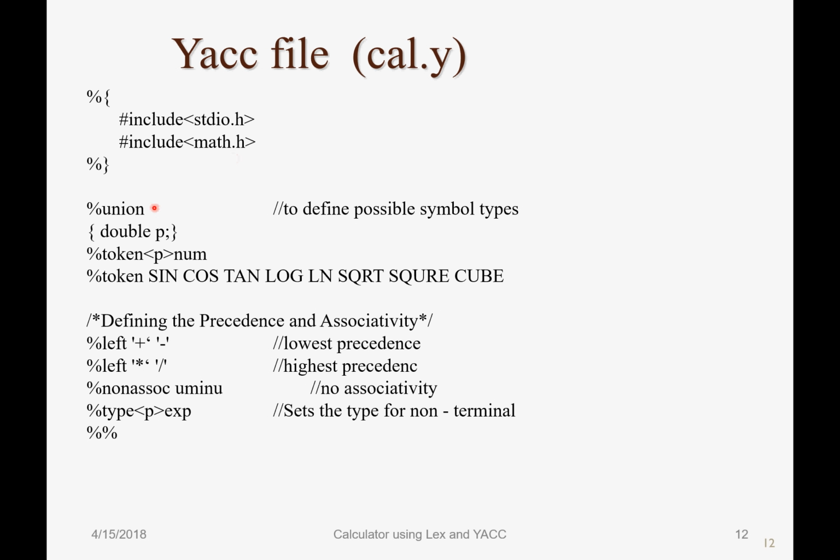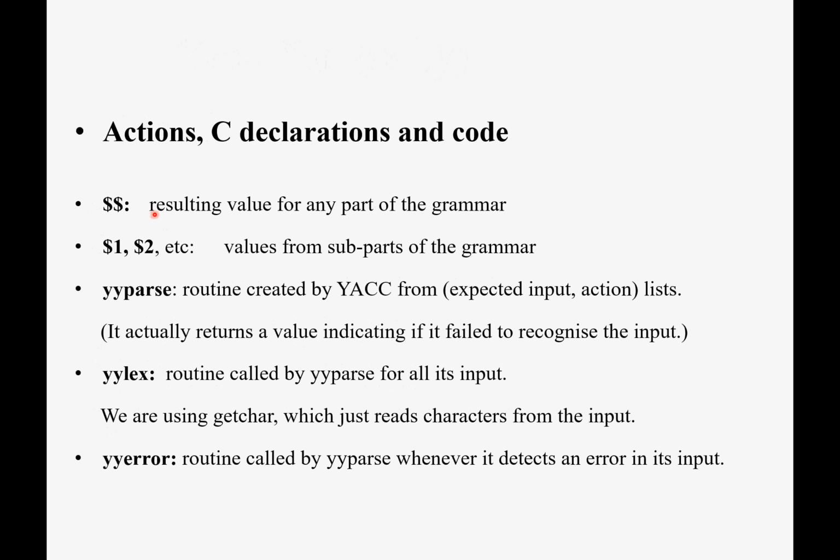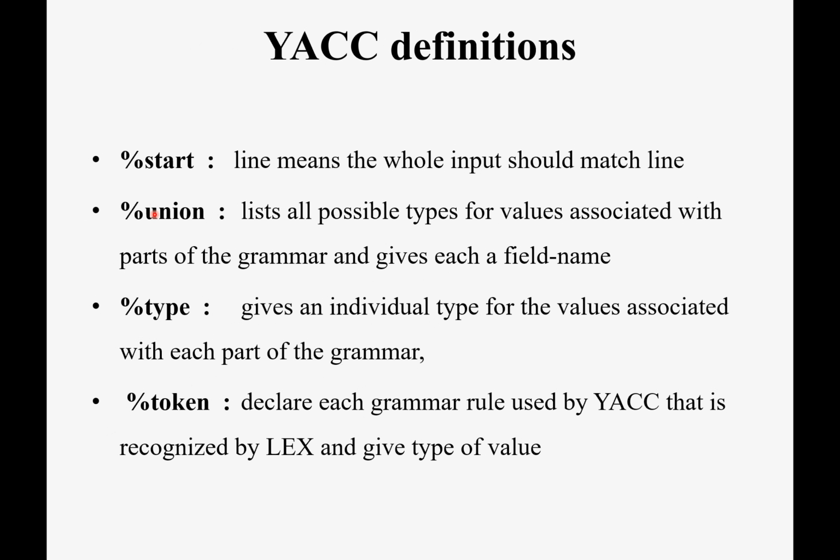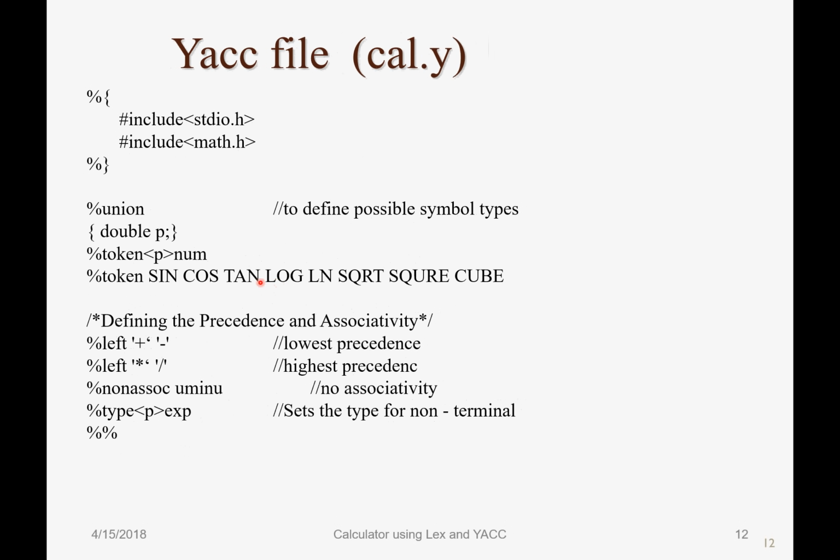Then next is union, which lists all possible types of values associated with the parts of the grammar and gives each field a name. So this union is used over here.